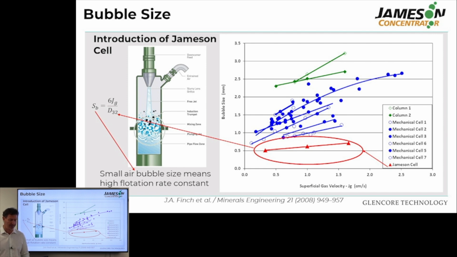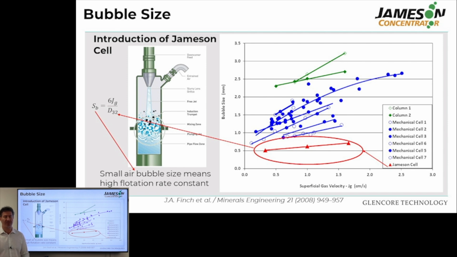It's very fine compared to mechanical cells or column flotation cells. Another interesting feature is that with increasing air rate, or superficial gas velocity, the size of the bubbles hardly changes, so they stay quite constant.